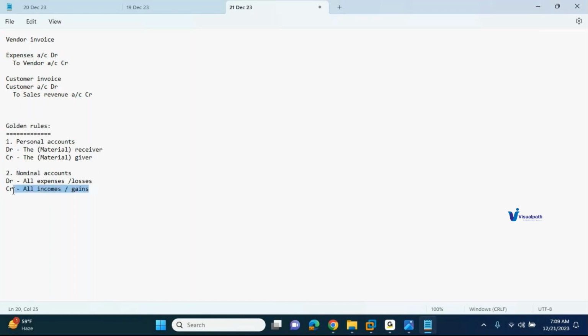Incomes means here revenue, that is here. The expenses are here. Personal accounts and nominal accounts. Here is the personal rule: the material giver here, the material receiver here.